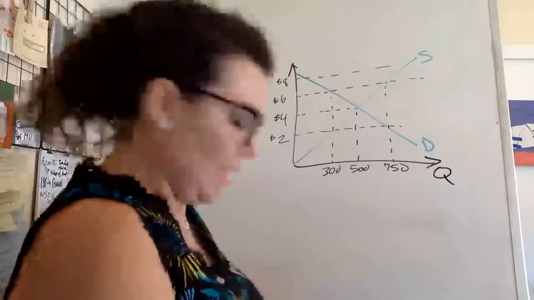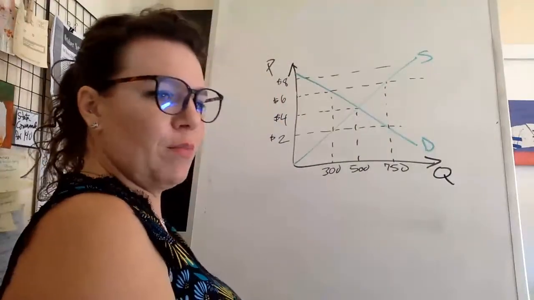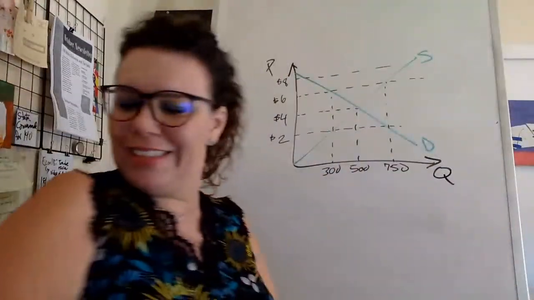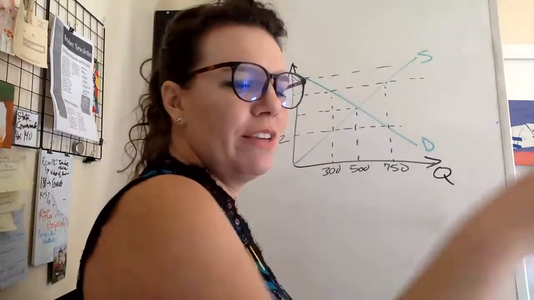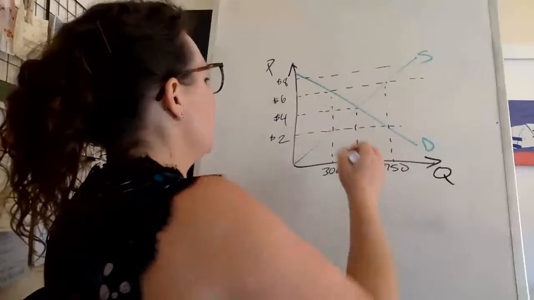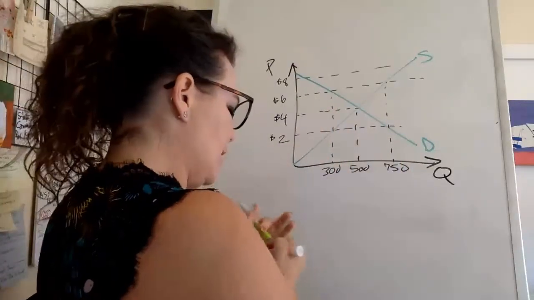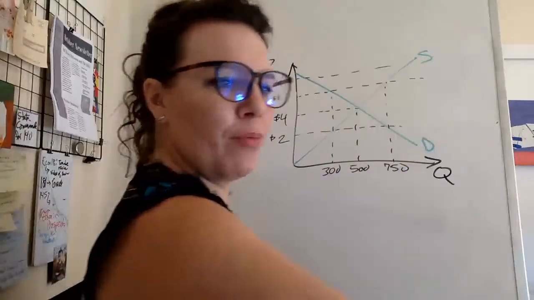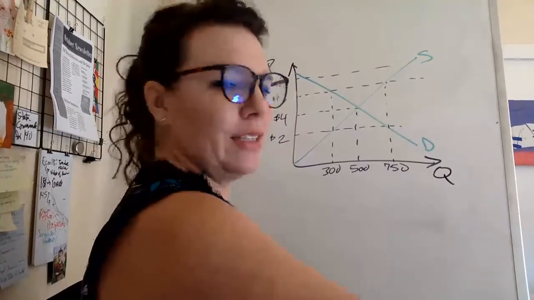So here you can take a look at a big version of this market and see what the effect is of opening up to free trade. If we think about the closed economy, then we're stuck with our domestic price, right? We're stuck with the price that our domestic producers can give us.